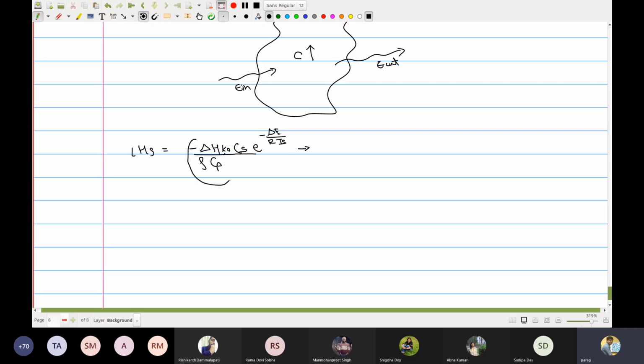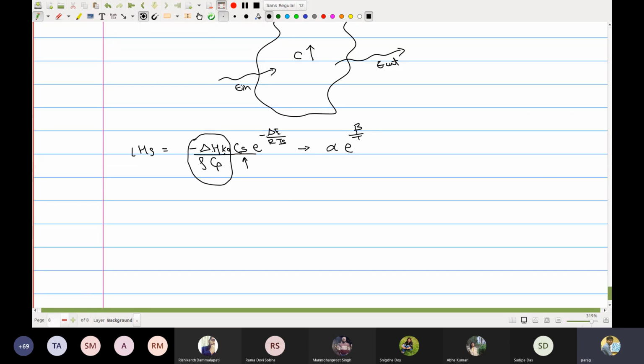All of these are constants. So some constant times e to the power some other constant upon T, right? But what about CS, the steady state concentration? Will the steady state concentration also depend upon temperature? Yes, obviously, because the rate of reaction depends upon temperature.